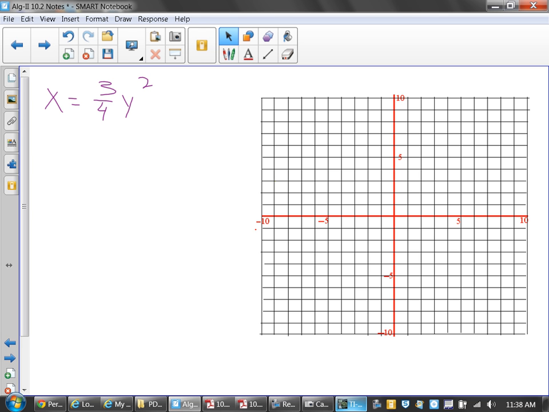We'll try another one, and then I'm going to try and do the weird stuff with you guys, because there will be a little bit of weirdness here. So I have x equals 3/4 y squared, which means which direction is this one going to go? This is moving to the right. Everybody okay with that? All right.